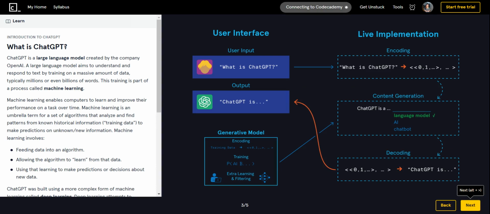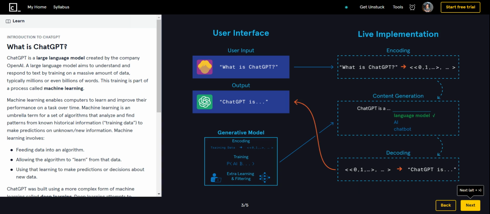Next, what is ChatGPT? ChatGPT is a large language model by the company OpenAI. A large language model aims to understand and respond to text by training on a massive amount of data, typically millions or even billions of words.